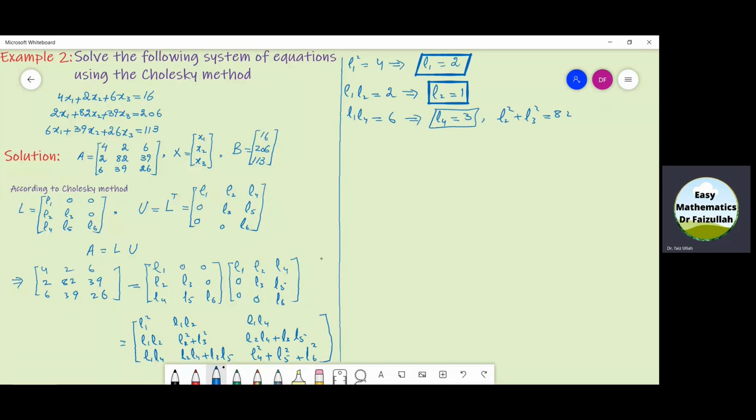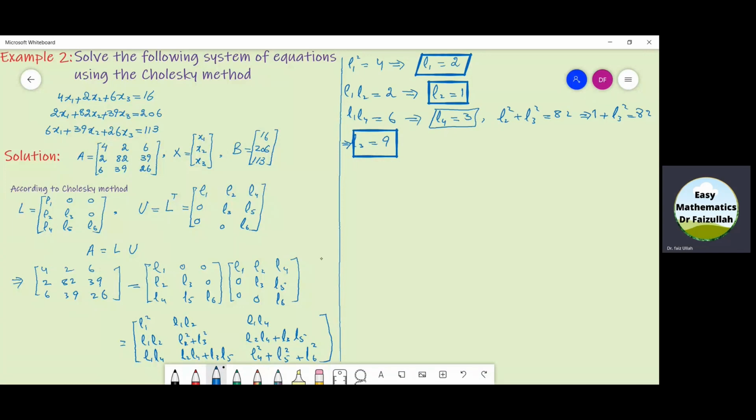Now if we put values, we have 1 plus L3 square is equal to 82. If we further simplify this, we have L3 is equal to 9.